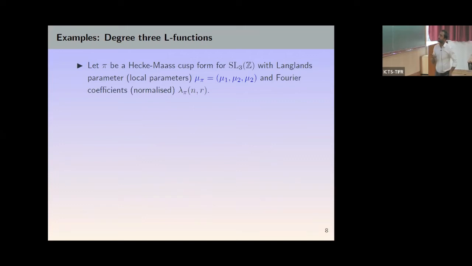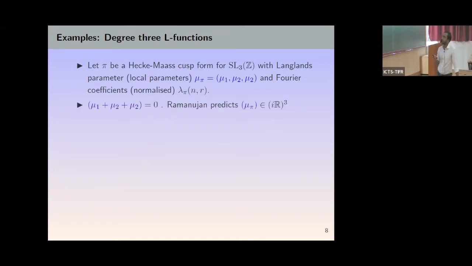Let's move on to degree 3, a bit more complicated, a higher degree L-function. So take pi to be a Maass cusp form for SL3(Z) having Langlands parameters, or you can say local parameters. They will be of the shape mu_1, mu_2, mu_3. And for the coefficients, let's say they are lambda_pi(n, r), all normalized.